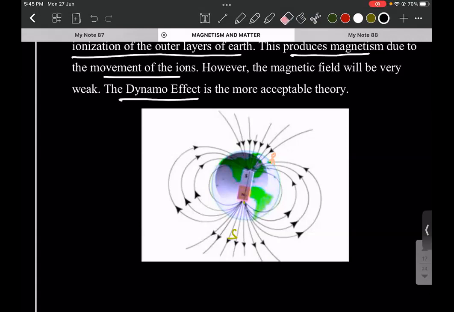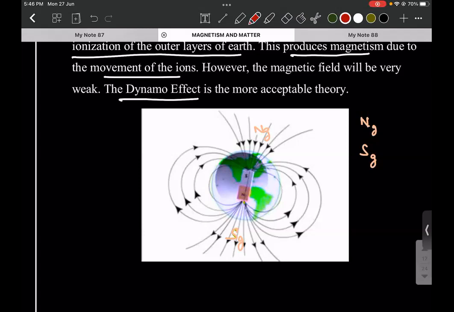If you take this to be the North Pole, the geographic North, and the bottom to be the geographic South, which I'm writing as NG and SG, the subscript G stands for geography.